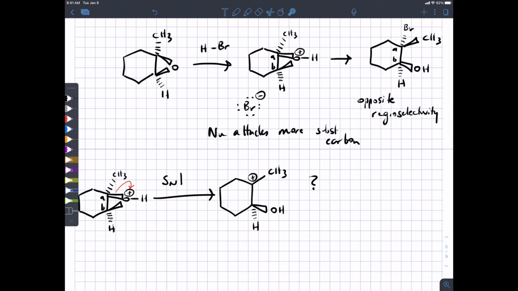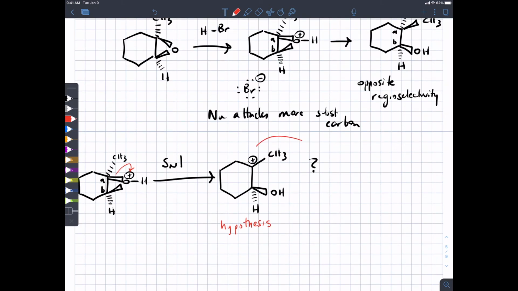Is this hypothesis consistent with our observations? If we were SN1, would we get both stereochemistry? Right.